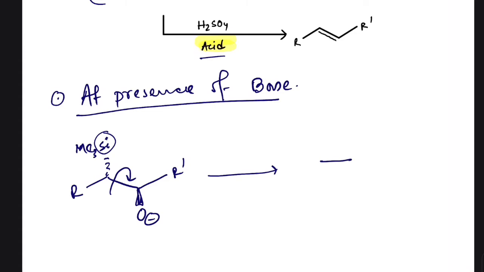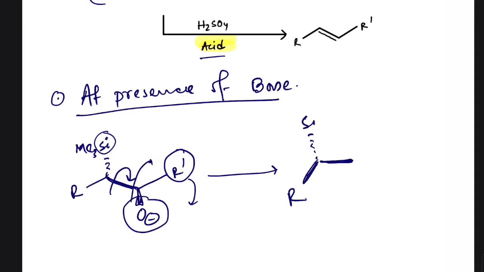Suppose this bond is over there and the R group over there. This R is coming on the same side as the R dash on the plane, and O minus is going down due to rotation, and the structure ends up like this.